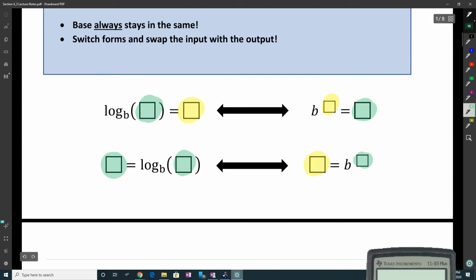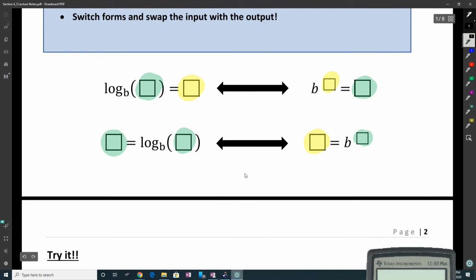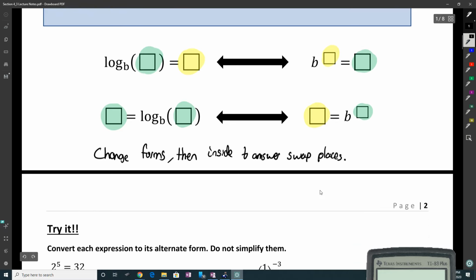All right. Cool. So we swap the inside and the answer. Swap places. Well, first you have to change forms, and then the inside and the answer swap places.